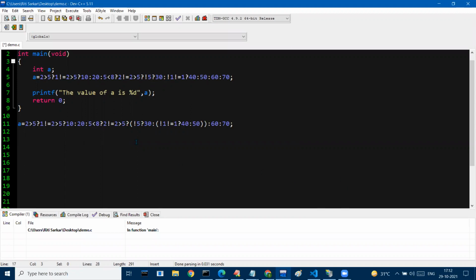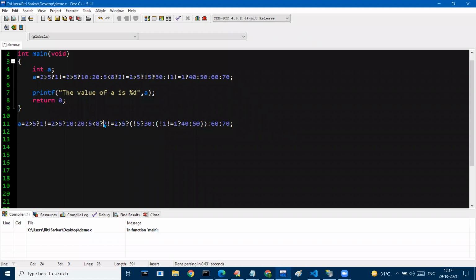After that, another question mark is there. For this question mark, this is the expression 2 and this is the expression 3. Then what about expression 1? I'm moving from here up to this, before I reach another question mark. This part is my expression 1 for this conditional operator.